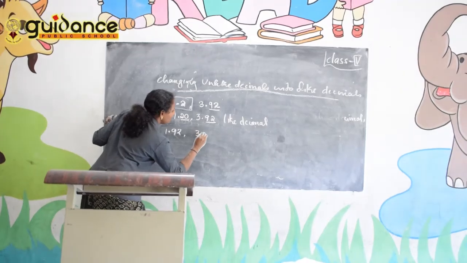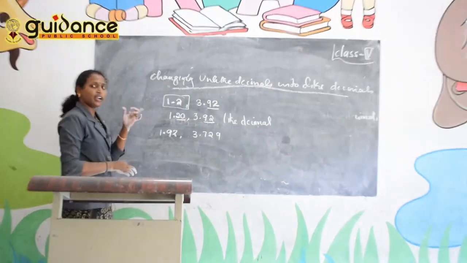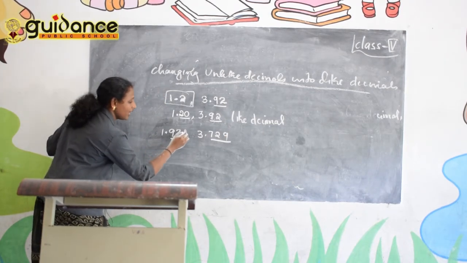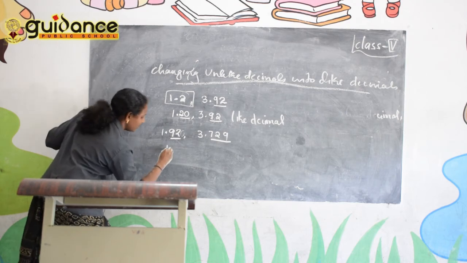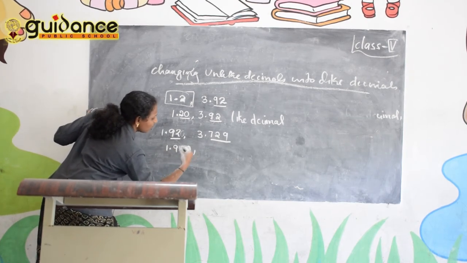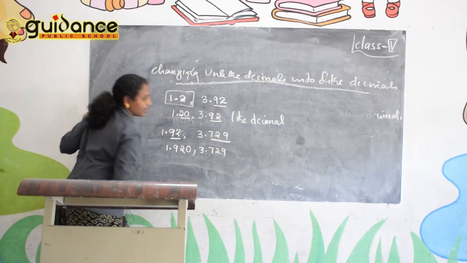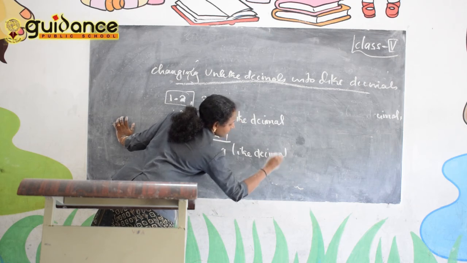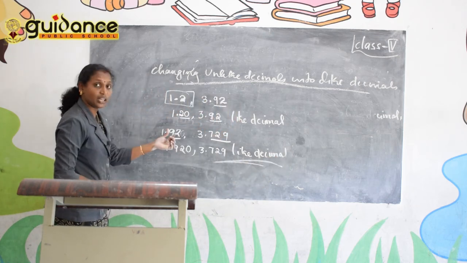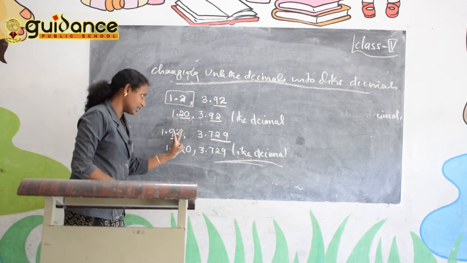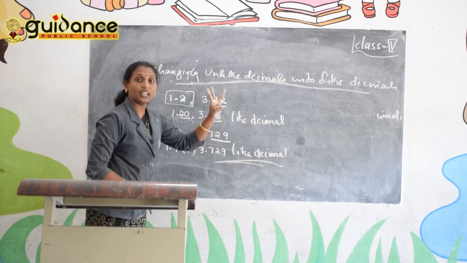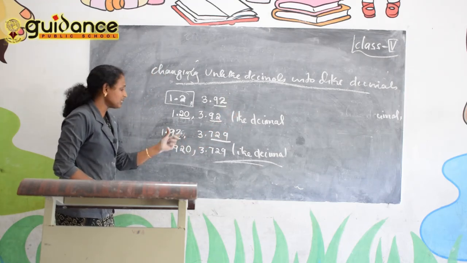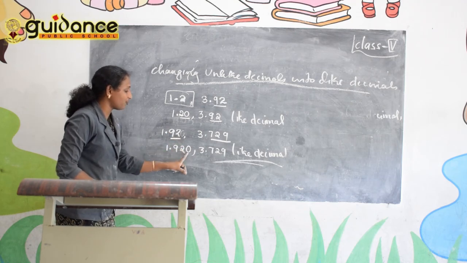Next, 1.92 and 3.729. How will you convert? This has 2 digits after the decimal point, this has 3 digits. That means we add a 0 here. So 1.920 and 3.729. Here the decimal point has only 2 places, and here 3 places, so we write one more place, adding 0 after the 9.